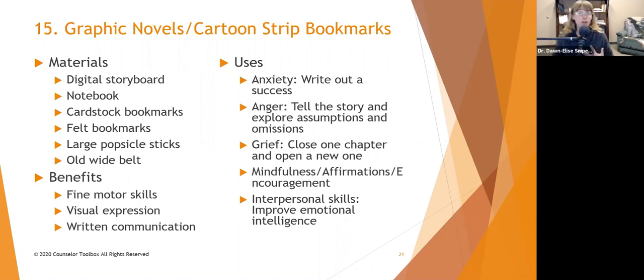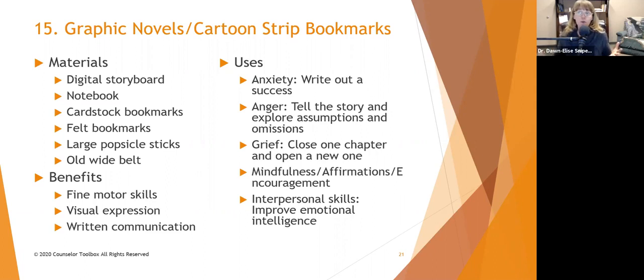You can use cardstock bookmarks, felt bookmarks, large popsicle sticks, or even an old wide belt that you cut down and seal the ends. Benefits, like with all the others: fine motor skills, visual expression, and in this case, written communication, because they're drawing or writing something on this bookmark.